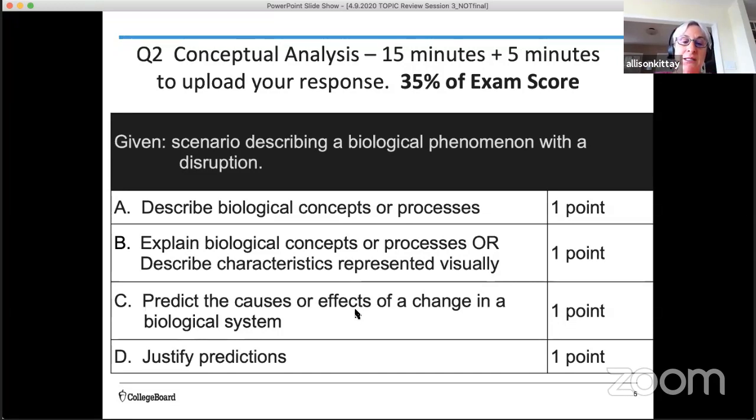And this is a science skill to look at things that are represented visually, such as models or data tables or graphs or cladograms or other graphic representations of some type of a biological concept or process. In the third part, you'll be asked to predict the causes or effects of a change in a biological system, and then you'll be asked to justify those predictions.